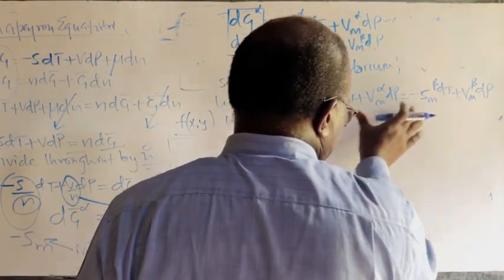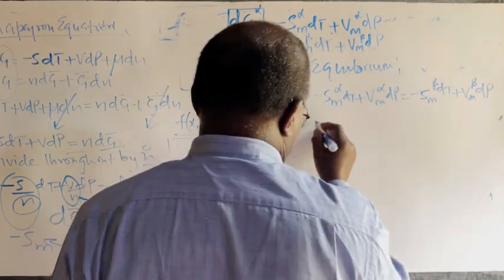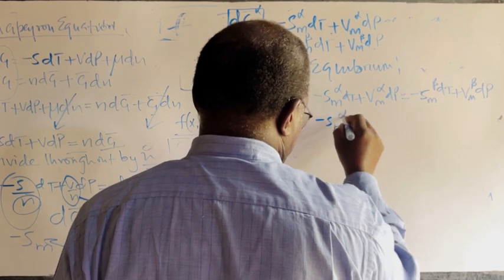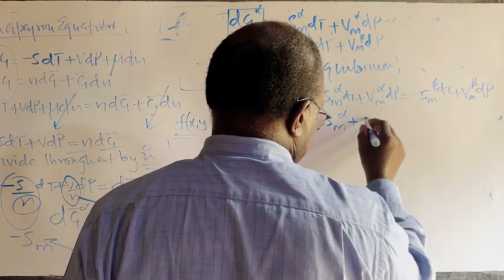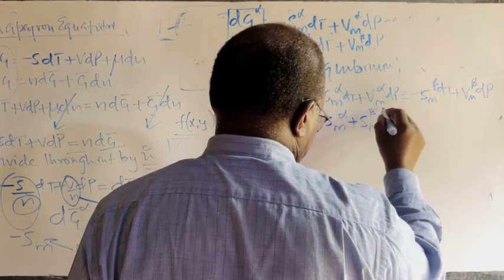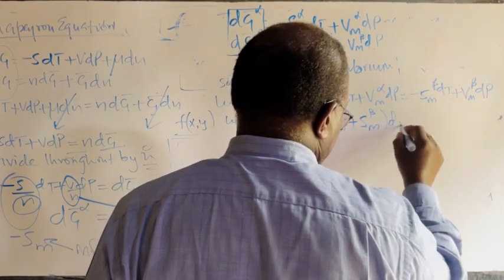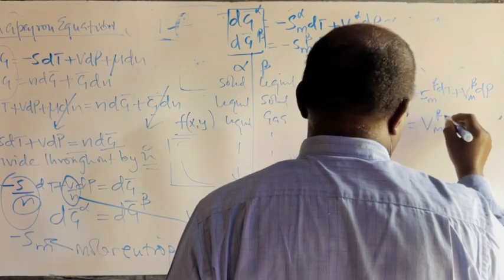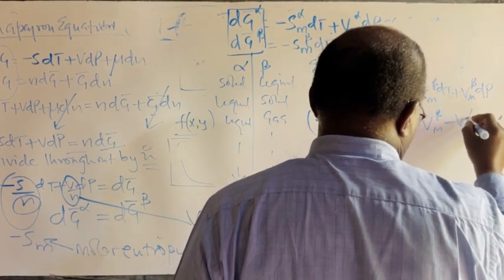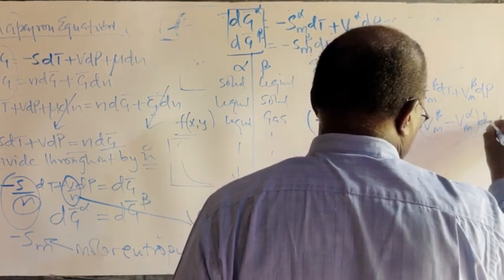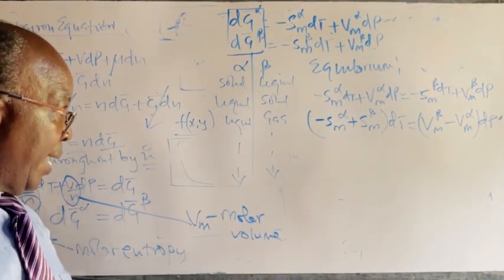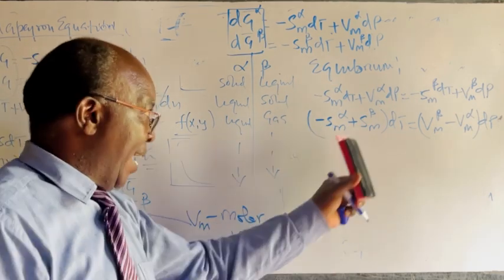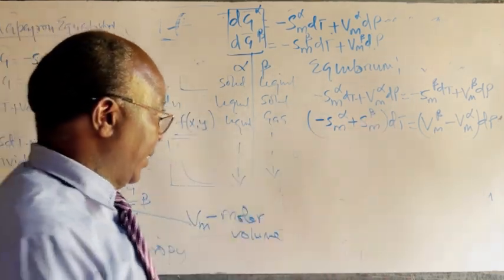So if we collect like terms together, then I will have minus Sm alpha plus Sm beta, dT, equals Vm beta minus Vm alpha, dP. I can simplify, make my life a lot easier than talking of minus Sm plus Sm. It's simply Sm beta minus Sm alpha.